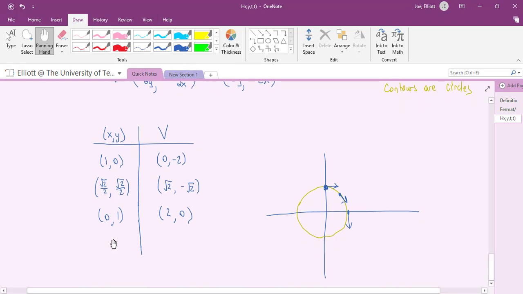If you were to plug more points into v and then draw the corresponding vectors attached to those points, those would give you a picture of v where the vectors seem to be circulating around the origin like that.